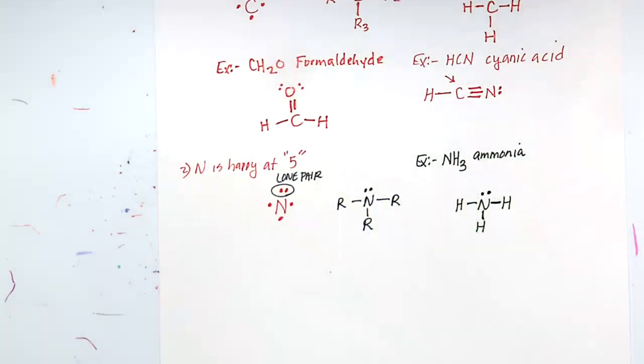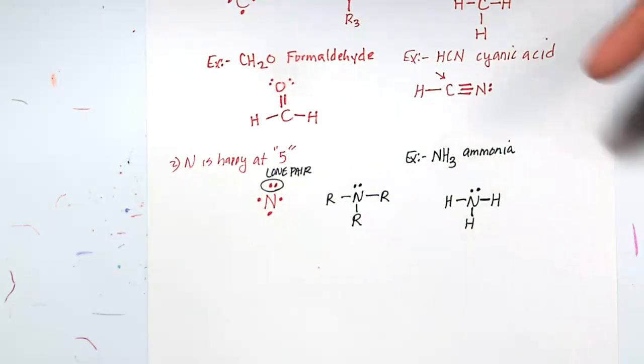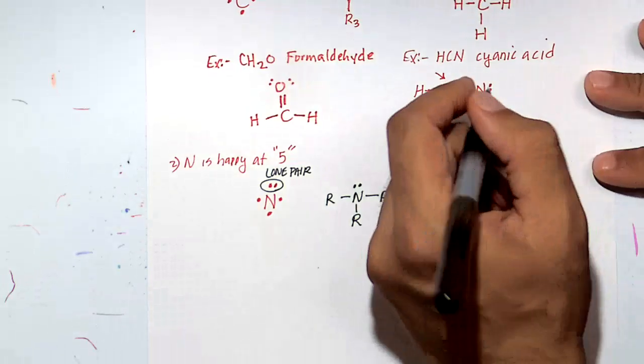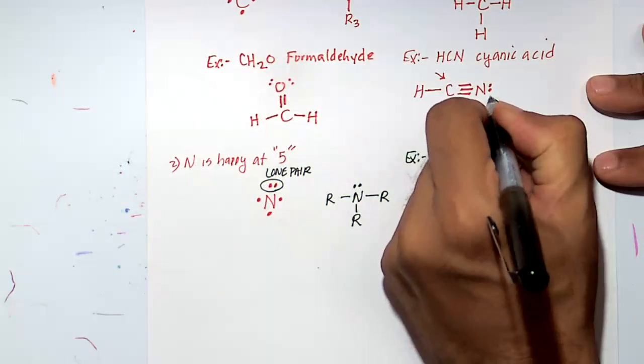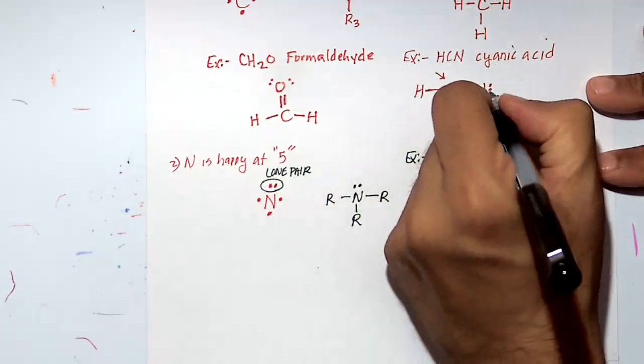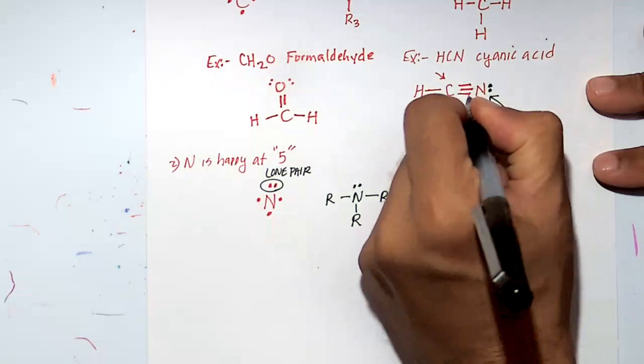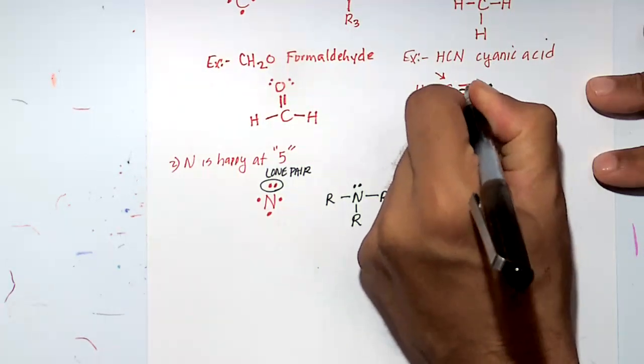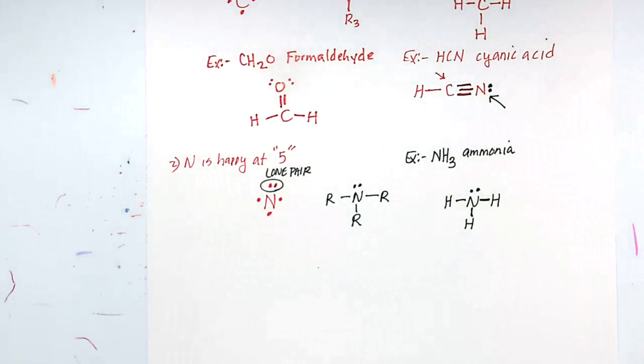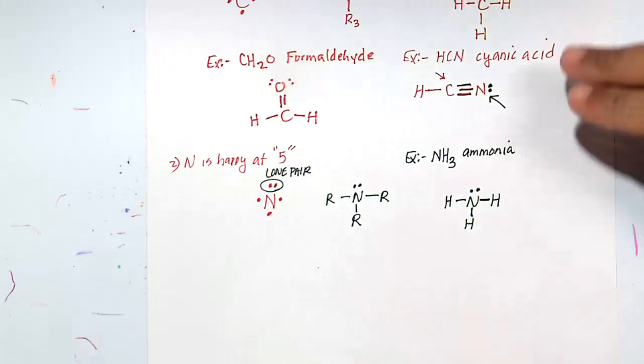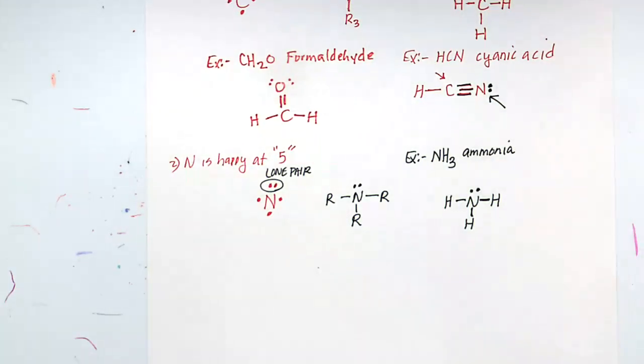That is a content nitrogen at 5. Let's hop back up to cyanic acid. Count with me, focusing on this nitrogen. Ready? 1, 2, 3, 4, 5. So this is an example of nitrogen that's in a good state.